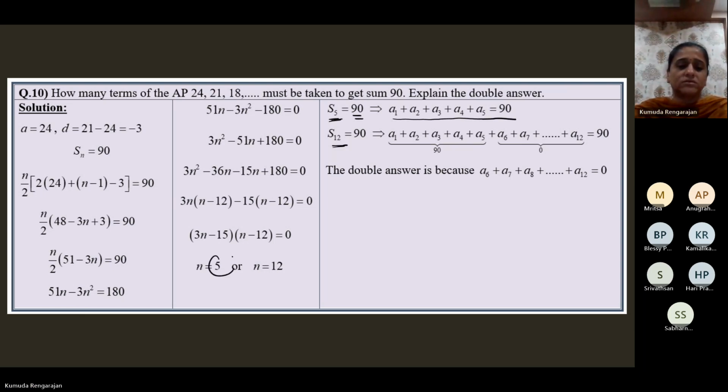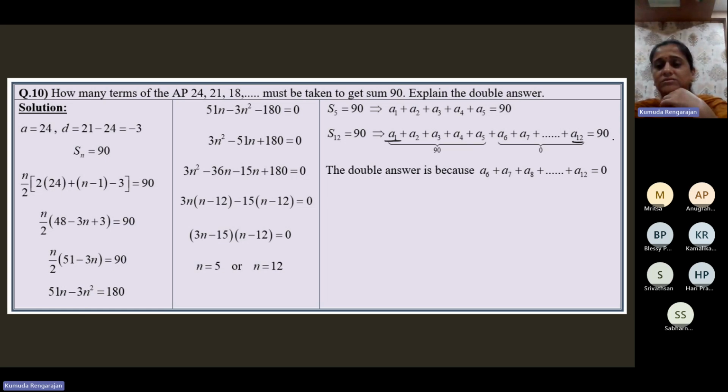S12 is 90. That means A1 to A12, the sum is 90. But this is already 90. So that means this has to be 0. So the double answer is because A6 plus A7 plus A8 till A12 is 0.